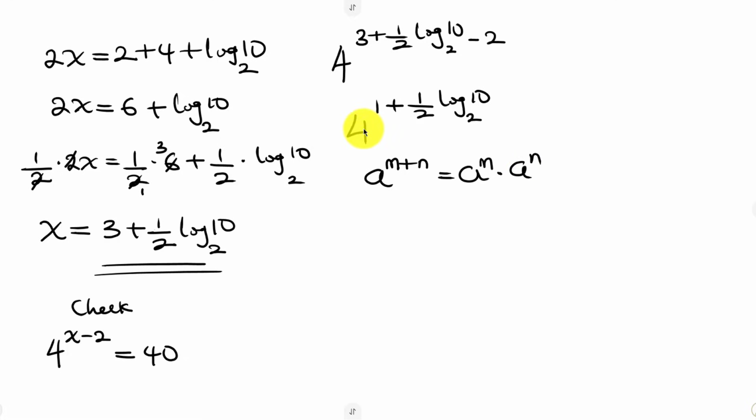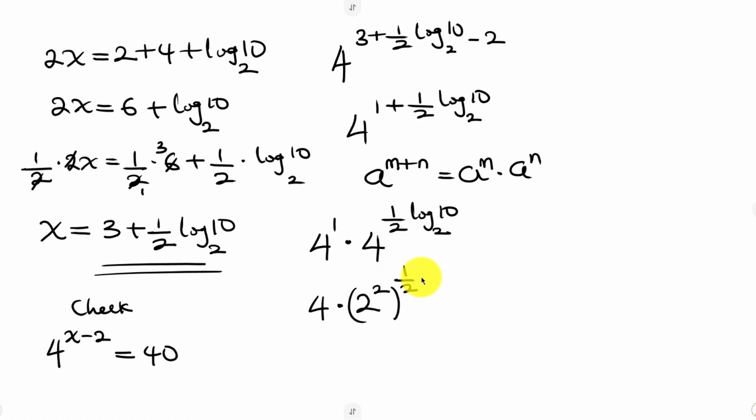So this expression can be written as 4 to the power of 1 times 4 to the power of 1 over 2 log 10 base 2. 4 to the power of 1 is 4, we all know that, times, now I'll write 4 in terms of base 2. So 4 is same as 2 squared, and this is raised to the power of 1 over 2 times log 10 base 2.